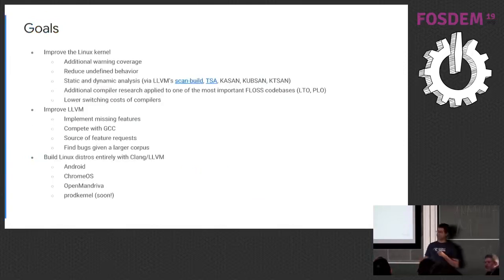So some of the goals of this project: whenever you have a newish compiler that you're pointing at a code base that hasn't used that compiler before, both the compiler and the code base stand to benefit from that. On the source side of things, the Linux kernel benefits by getting additional warning coverage.